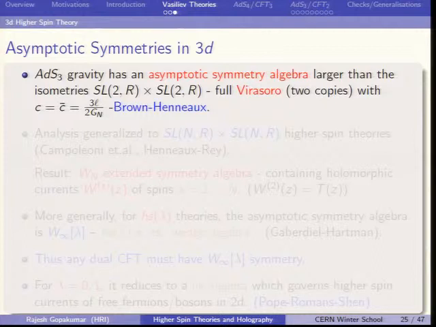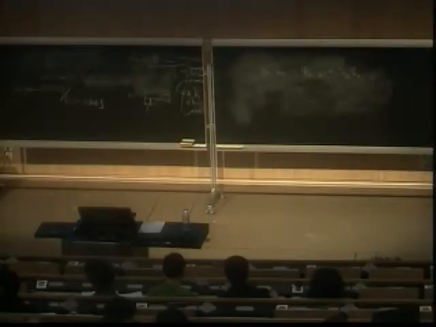Yes, so the scalar field also, so I looked at purely the gauge field, but you can take into account the scalar field. The scalar field essentially transforms in some kind of bifundamental representation of these HS lambda gauge groups. And so in terms of the star product, there is an equation of motion for the scalar field, which is something like dc plus c star a minus a tilde star c equal to 0.